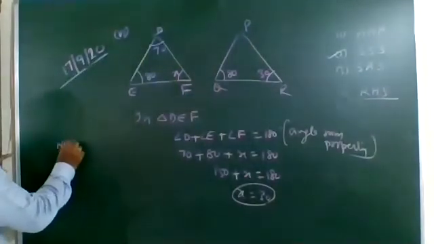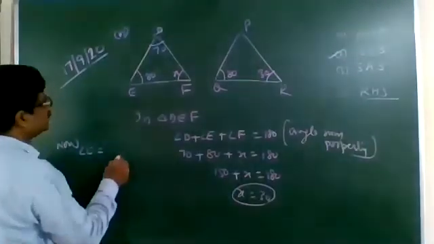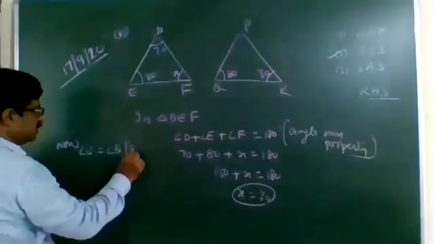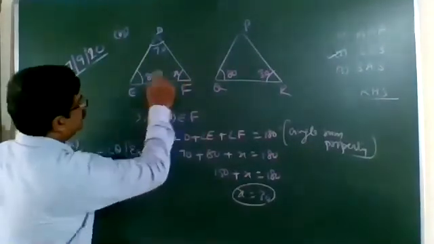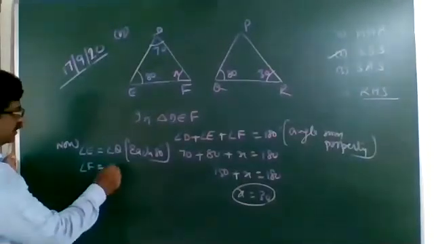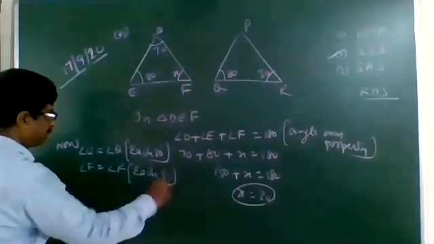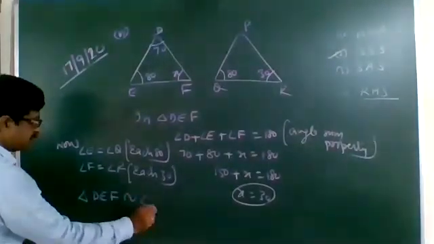Now, angle D equal to 70 as well as angle P equal to 70, and angle E equal to 80 as well as angle Q is 80. Each 80 degree we got. X we got 30, that means angle F is equal to angle R, each 30 degree. Therefore, triangle DEF will be similar to triangle.